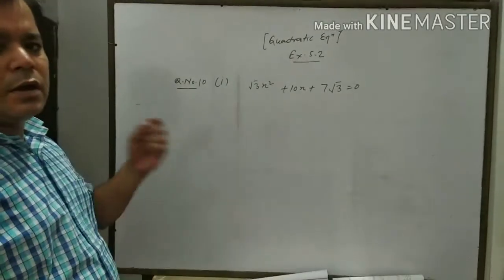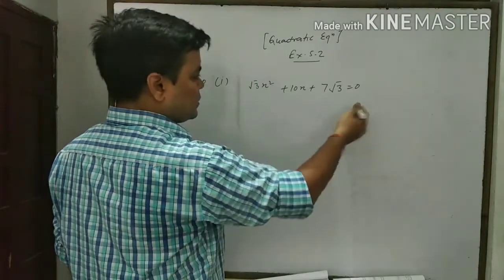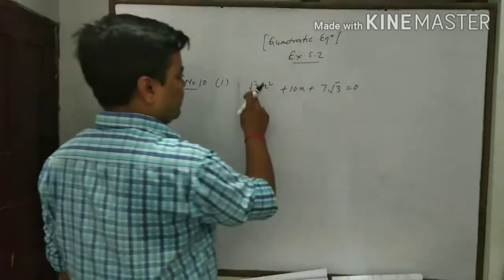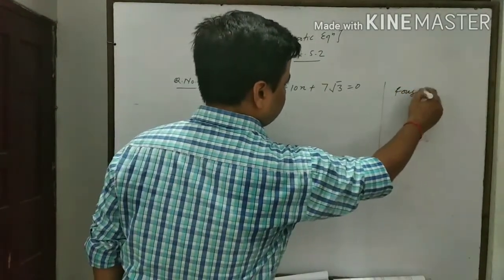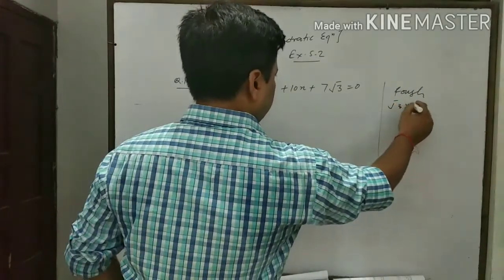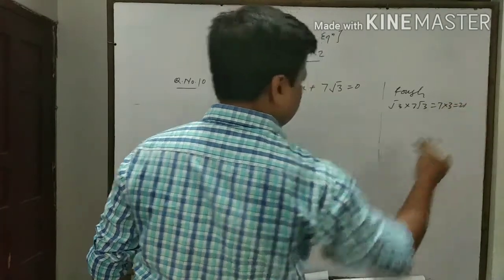Again, this is in the form of ax square plus bx plus c. What do we do? Multiplication of a and c, use it as rough work. So here, root 3 into 7 root 3 is equal to 7 into 3, which is 21.